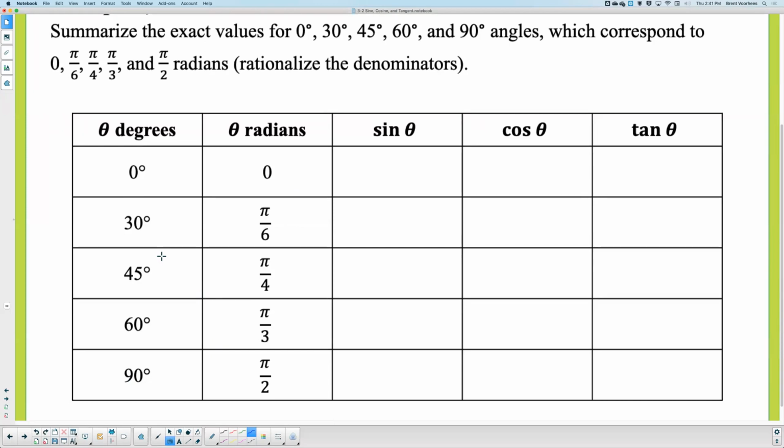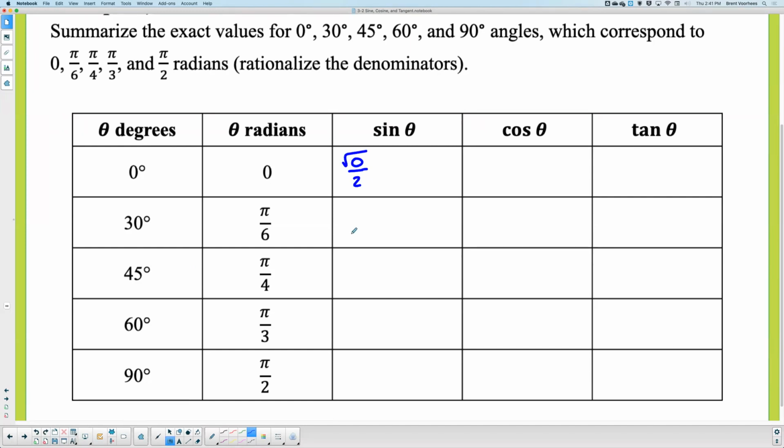Now, I'm going to write this out, and I want you to see if you can figure out the pattern, okay? Here's sine. It says to rationalize. I'm first going to give you the unreduced version, and then I'll give you the reduced version later if necessary. Sine at 0 is square root of 0 over 2.